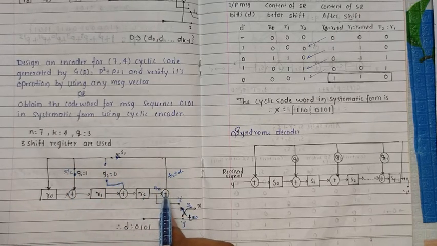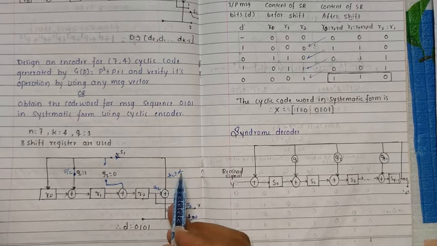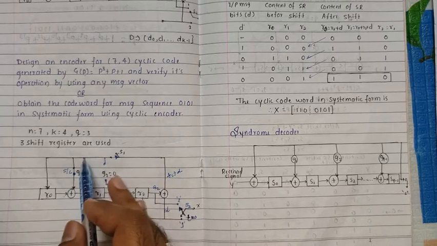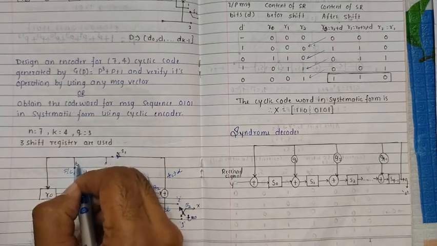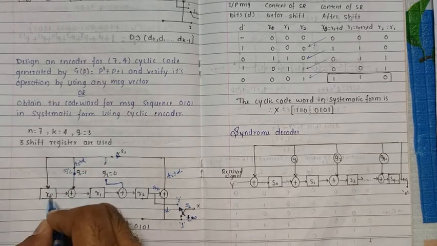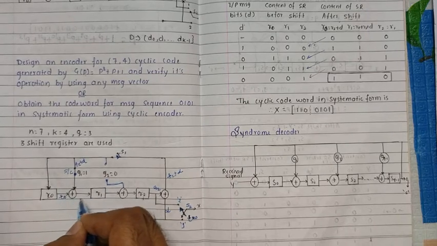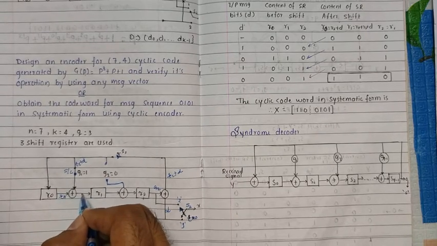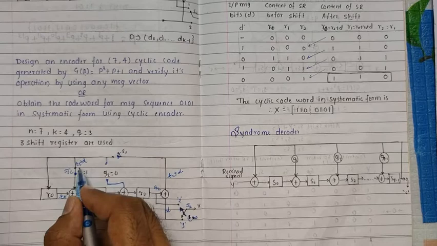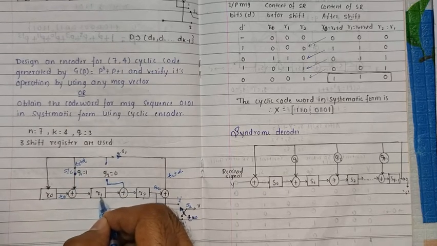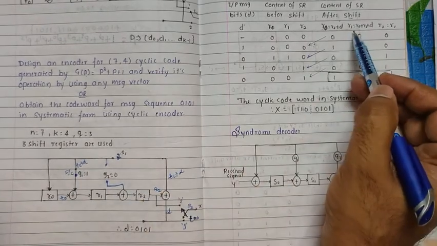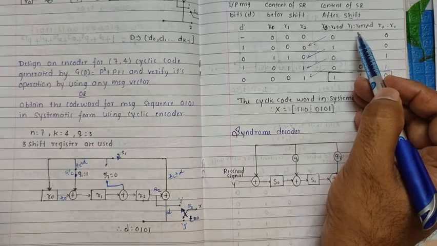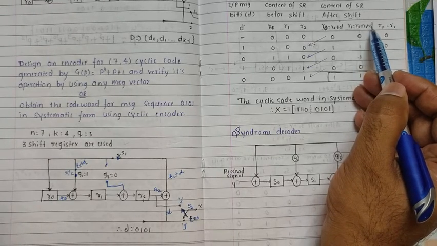Since it comes from the output of this XOR gate, it is R2 plus D. So R2 plus D is also routed here, and R0 is coming here. It means the output of this XOR gate is R0 plus R2 plus D, which will be coming in R1. That's why I have written the value of R1 as R0 plus R2 plus D.